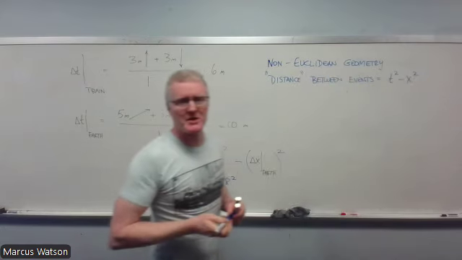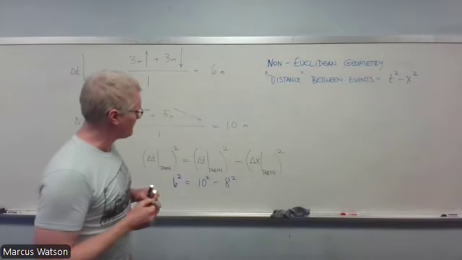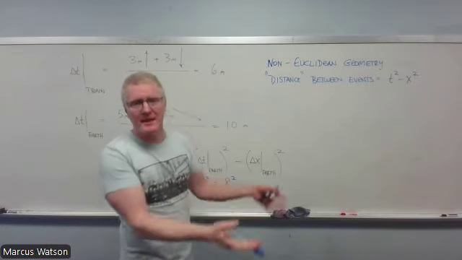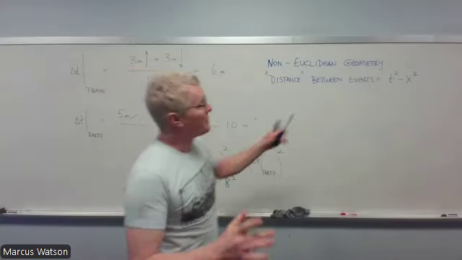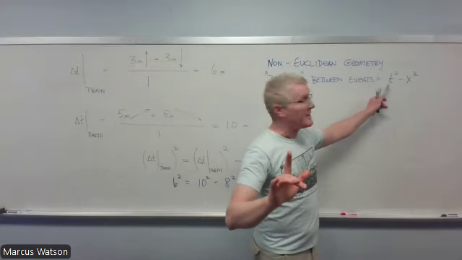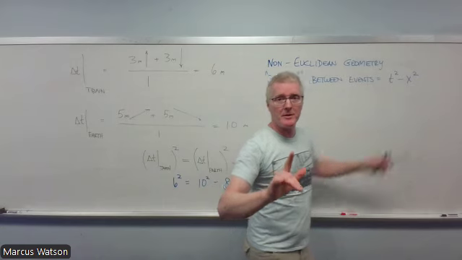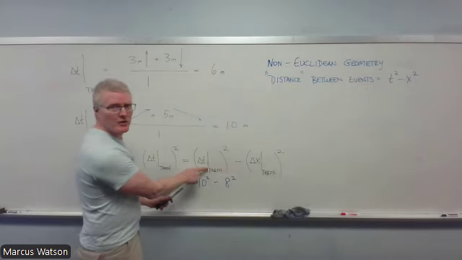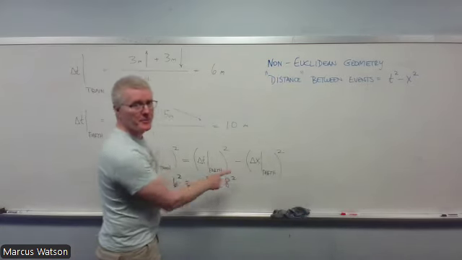It's t squared minus x squared, or delta t squared minus delta x squared, however you like, okay? But one thing you've got to be really aware of is these two things have to be occurring in the same frame. Notice it's delta t Earth minus delta x Earth, okay?